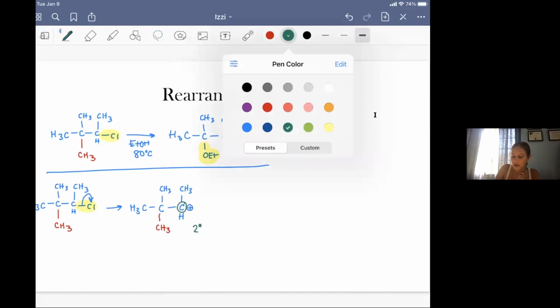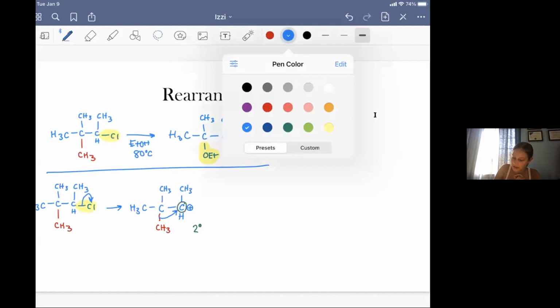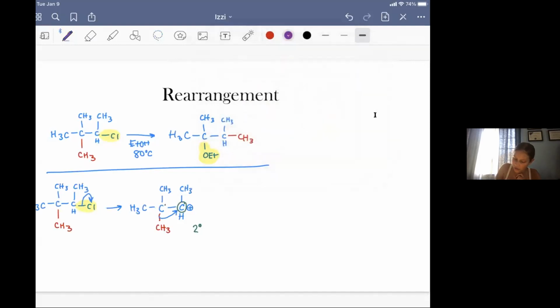But if we undergo a methyl shift, where you have this methyl coming here, what we're left with is a positive charge on this carbon, which would make this a tertiary carbocation. And that's what's preferred. So that's why we undergo a methyl shift.